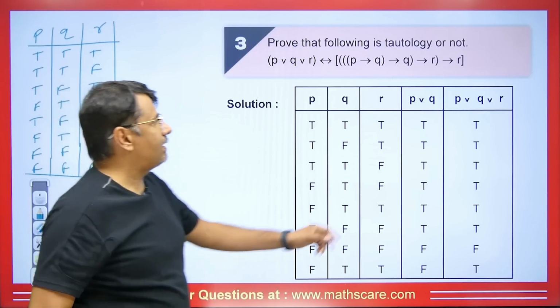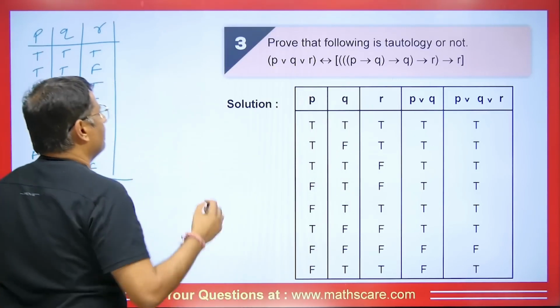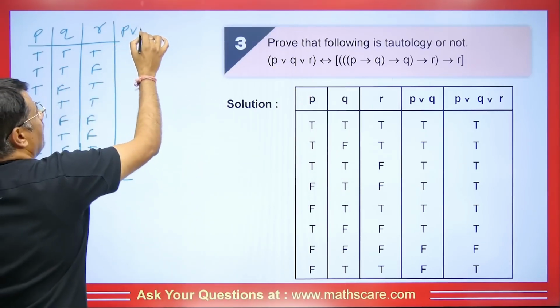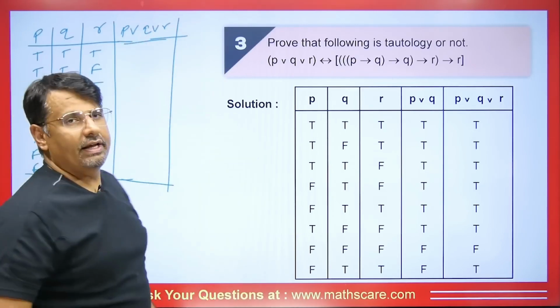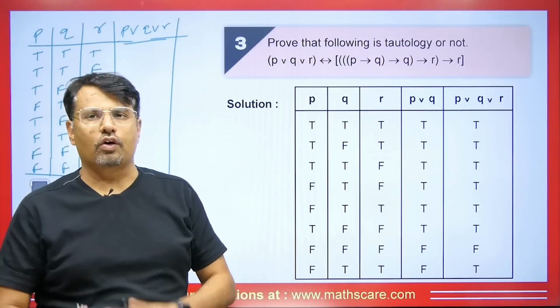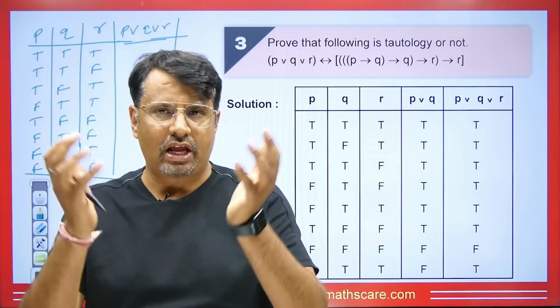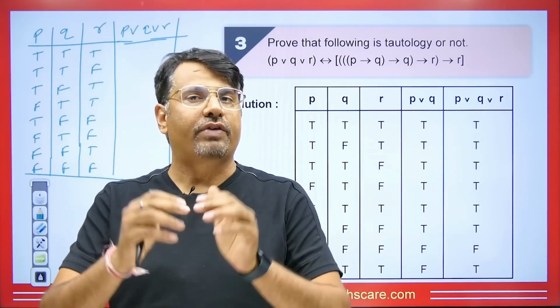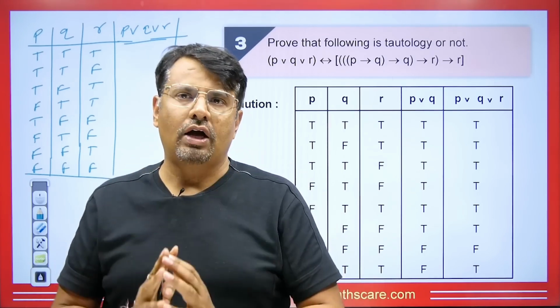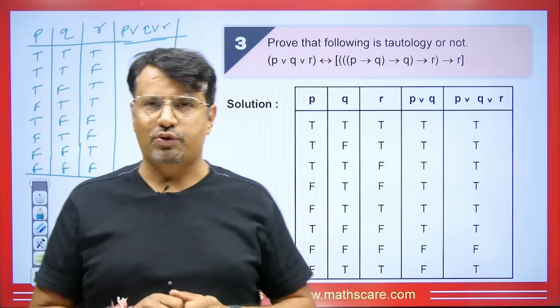Now students, you can see that we are being asked this value. So students, here it will be P or Q or R. So I want to tell you that whenever we have to find the value of this one, we'll take true as 1 and false as 0. And here, since it is OR, we'll add the values. Okay? If after adding the value it is 1 or more, it will be true. And if it is 0, it will be false.